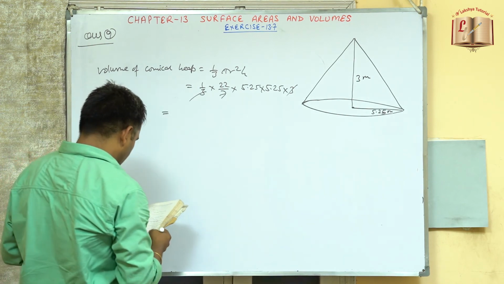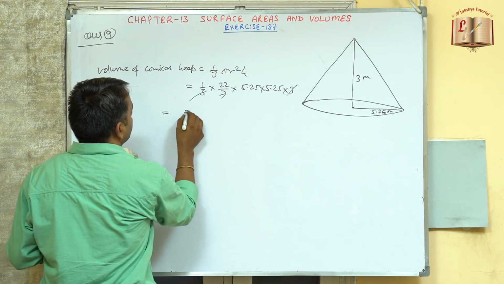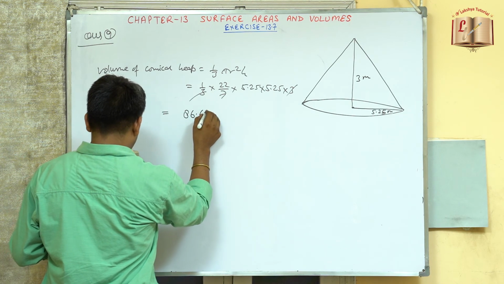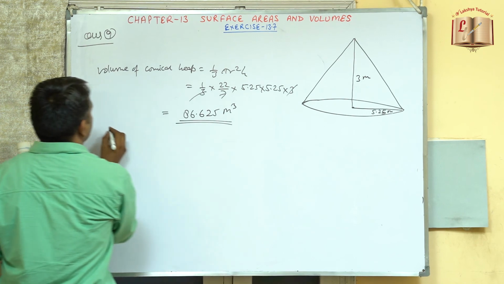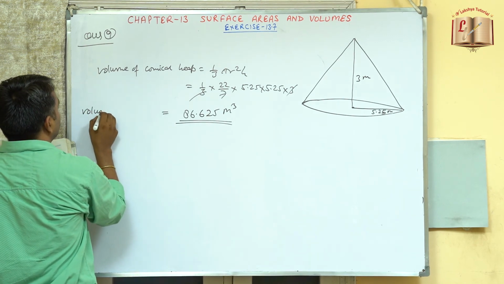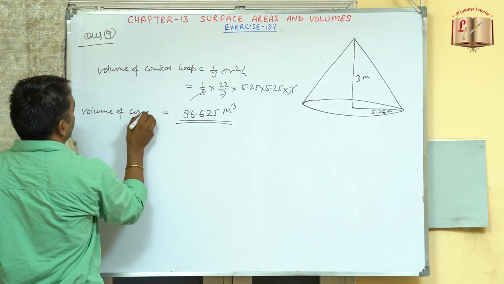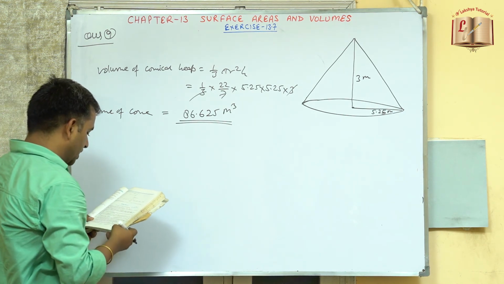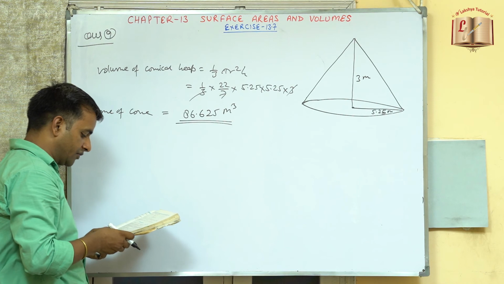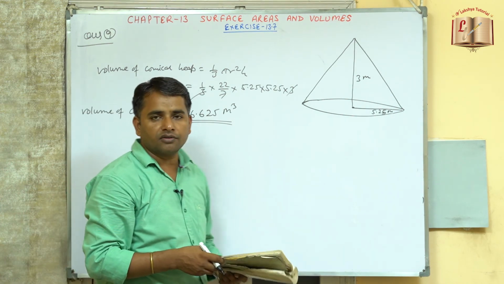So the volume of the cone will be equal to 86.625 meter cube. Now we need to find out, if the heap is to be covered with canvas to protect it from the rain, the area of the canvas required.